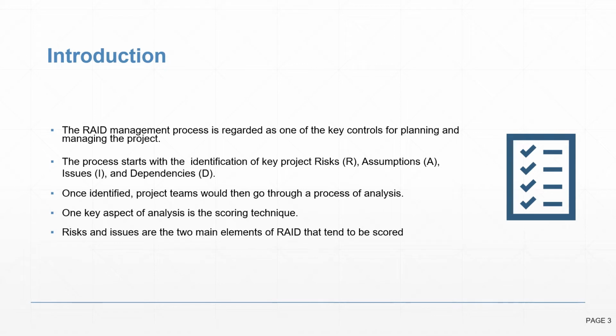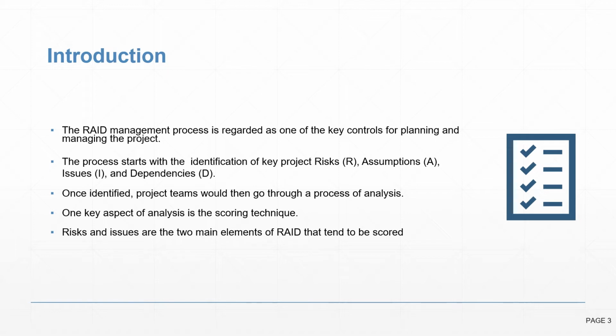Okay, so for RAID management, it's considered to be one of those very important aspects of project management that we use to control what's going on, or keep an eye on what's going on. The key elements in this whole process are the risks, the assumptions, the issues, and the dependencies.